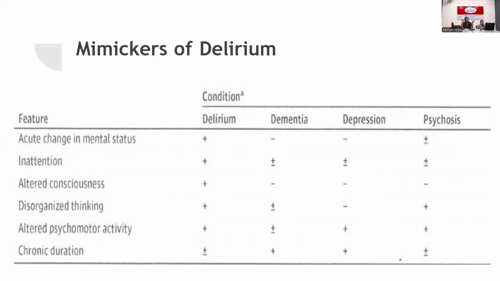Disorganized thinking, altered psychomotor activity, chronic duration: both have a plus and minus for these. But the two most particular differences are the acute change in the mental status and, third, the altered consciousness. The other things you can have a look at, depression and psychosis; there are a few differences. The main thing about delirium is that it is acute in onset, it is fluctuating, there is a change in the mental status, and there is altered consciousness. Okay, next one.